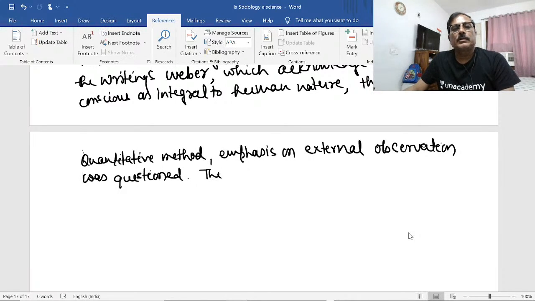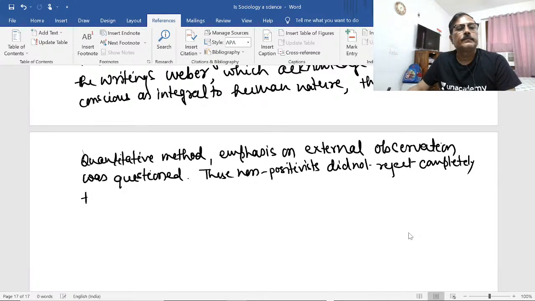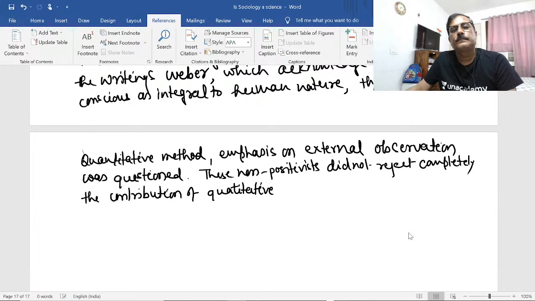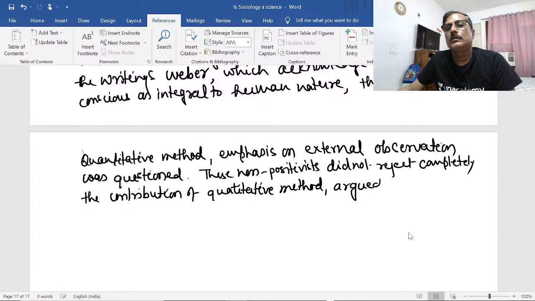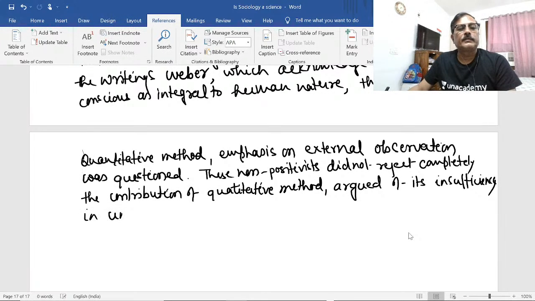These non-positivists did not reject completely the contribution of the quantitative method, but argued of its insufficiency in unfolding social reality.